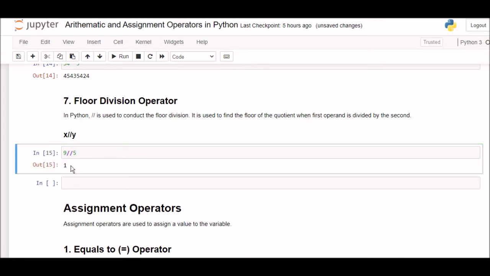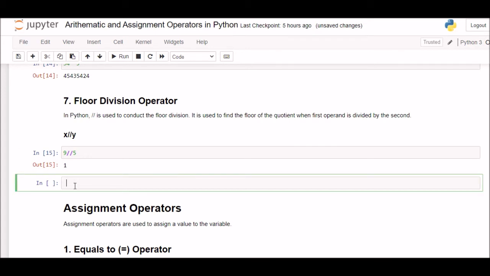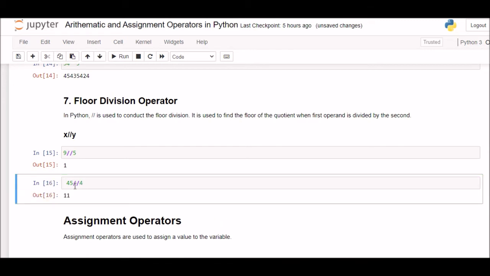Here, the floor of the quotient is 1. Now another example, 45 double slash 4. Let's run the code. Here, the floor of the quotient is 11. Okay, so in this way you can perform floor division in Python with the help of the floor division operator.